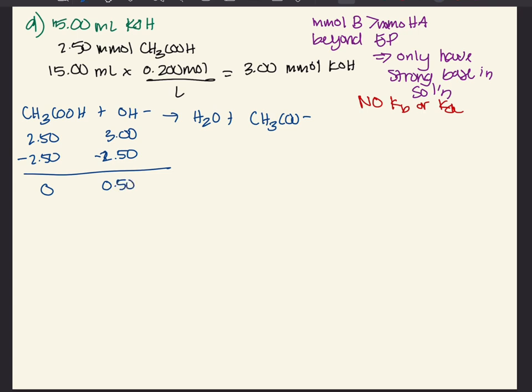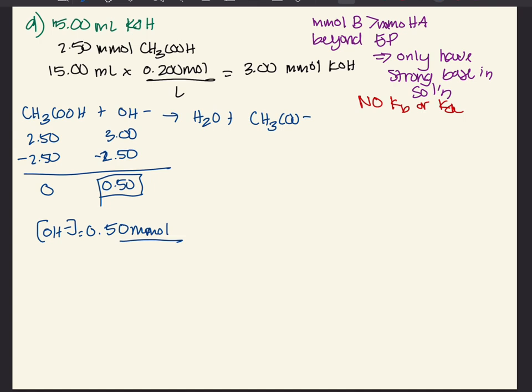Now, will we have some conjugate base in solution? Yes, we will. However, the basicity is going to be coming from that hydroxide. So that's how we are going to calculate the pH. So I can get the concentration of my hydroxide by taking the 0.5 millimoles of the base that is left over after it has been consumed by the acid, and I can divide that by my total volume.